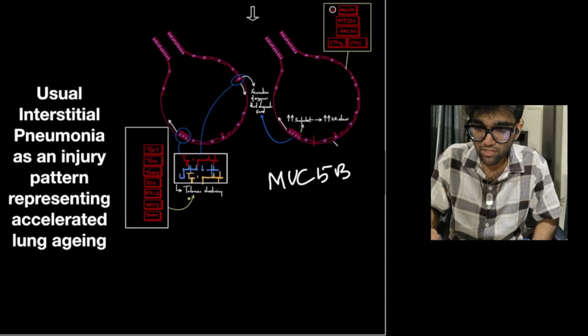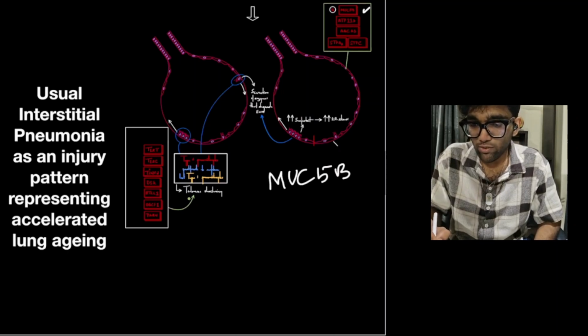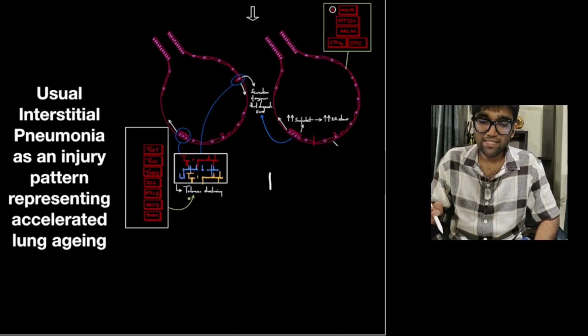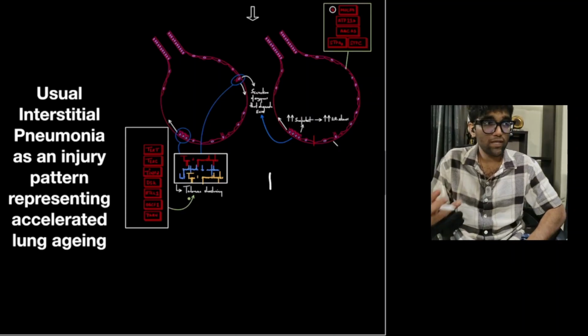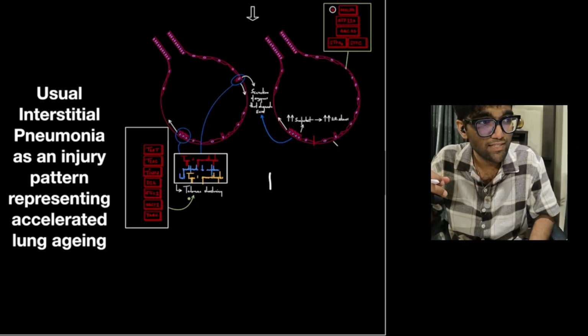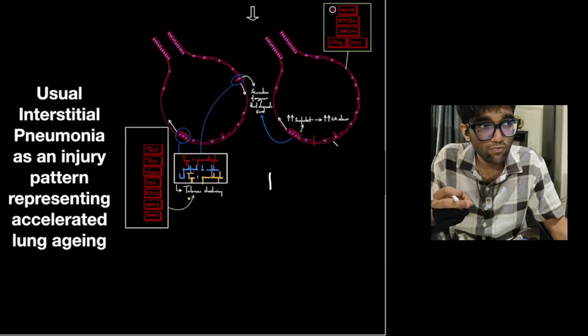The others are transporters, that is ATP binding cassette proteins ABCA3 and ATP11A, as well as the surfactant proteins themselves, that is surfactant protein A2 and surfactant protein C. So polymorphisms in these genes result in accelerated misfolding, and because of that we end up getting premature failure of these type 2 pneumocytes.